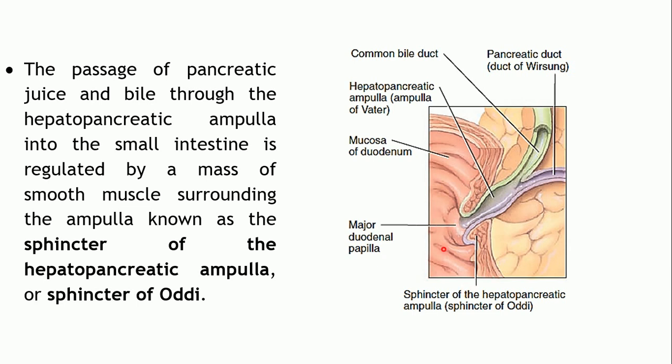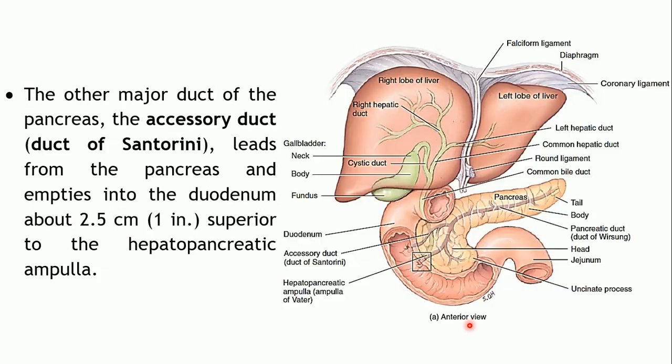As and when more and more food is entering into the duodenum, this sphincter will get relaxed, and more bile and pancreatic juices will be flowing into the small intestine, that is into the duodenum. So that is regulated by the sphincter of hepatopancreatic ampulla, or the sphincter of Oddi.